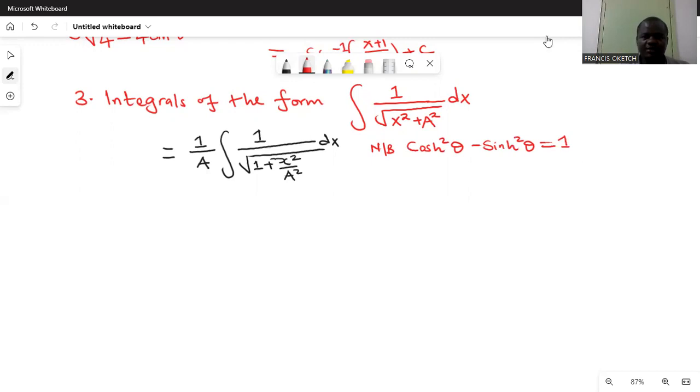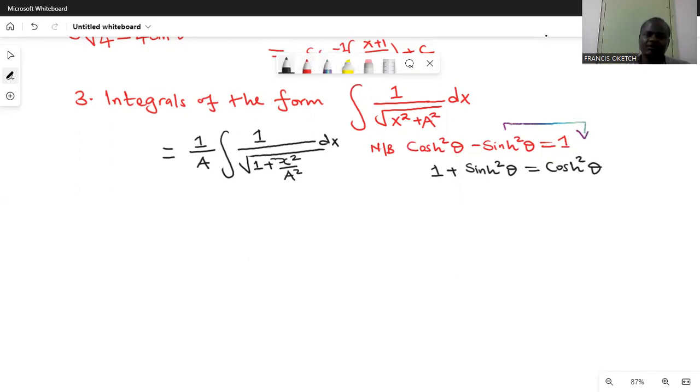So I can take the sinh squared theta to the right hand side, so that we have 1 plus sinh squared theta, which gives us cosh squared theta.